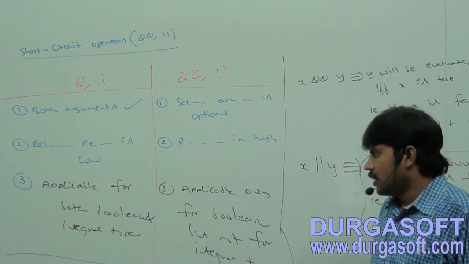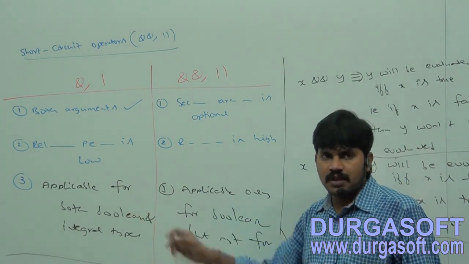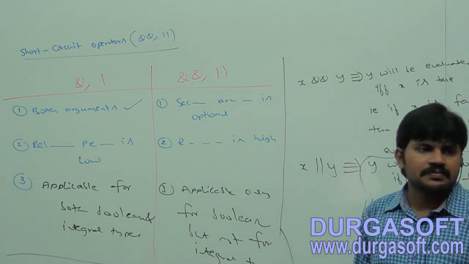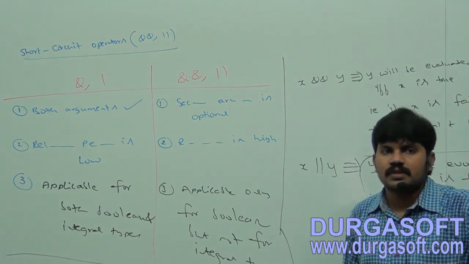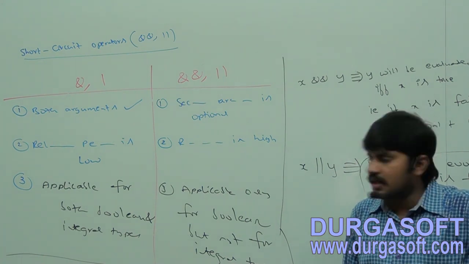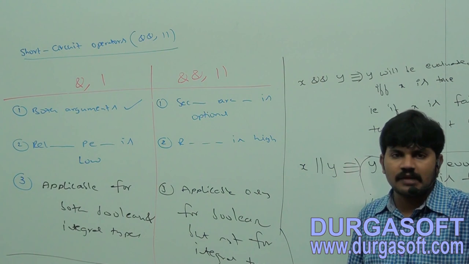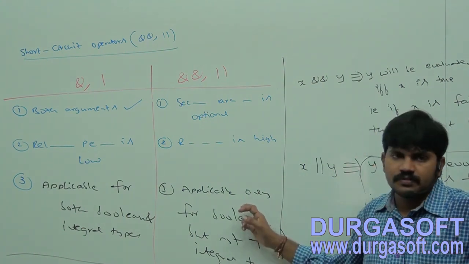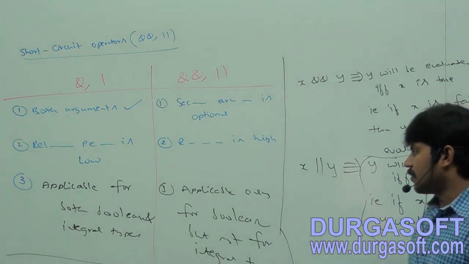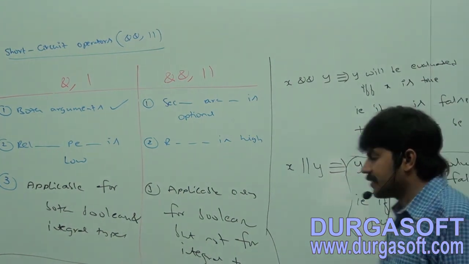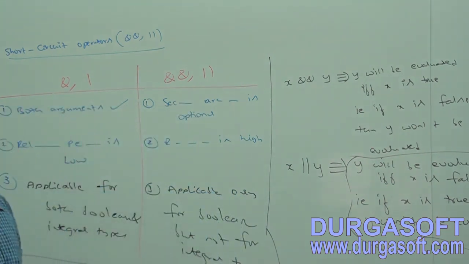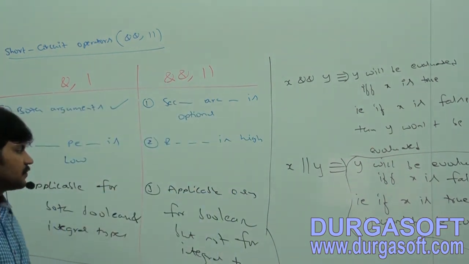Next, third one: applicable for both Boolean and integral types. Next, this one: applicable only for Boolean, but not for integral types.